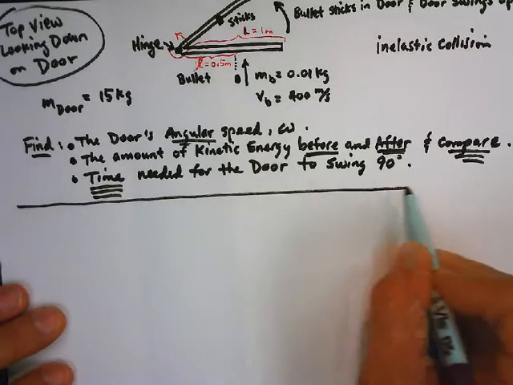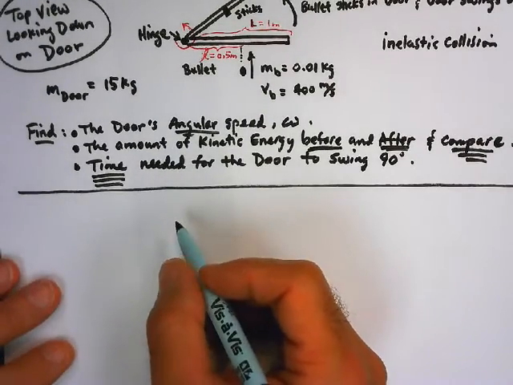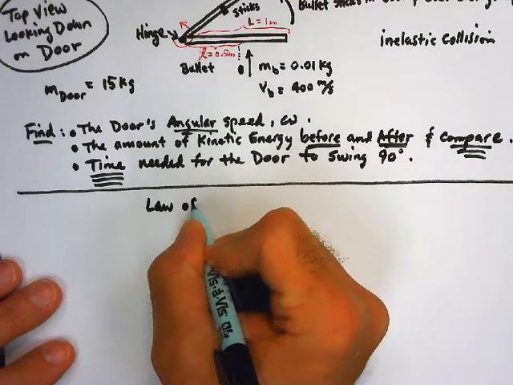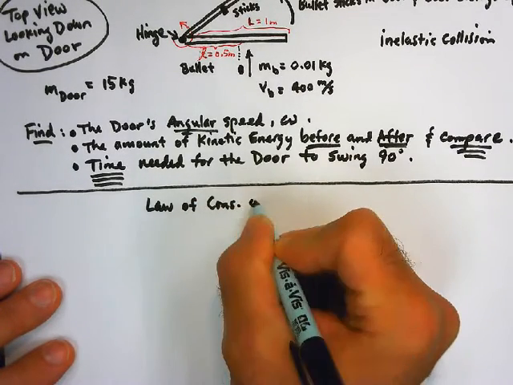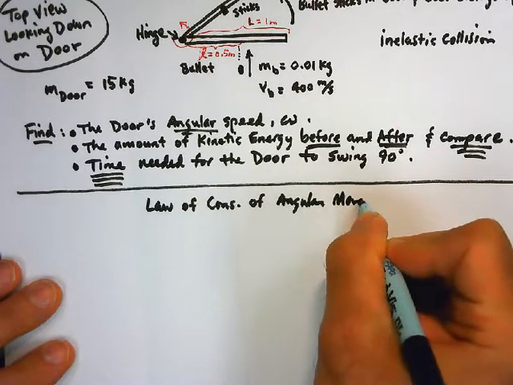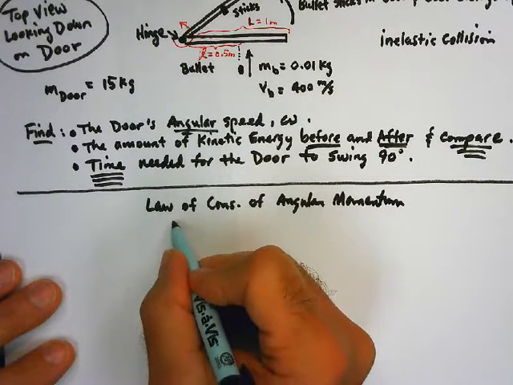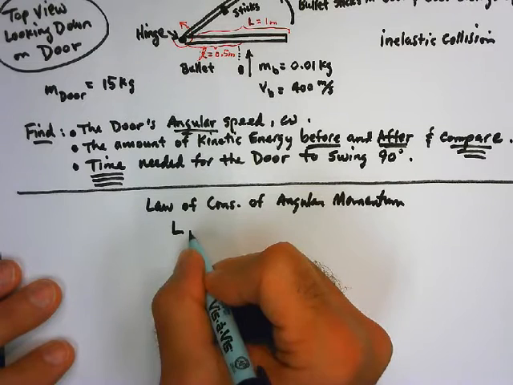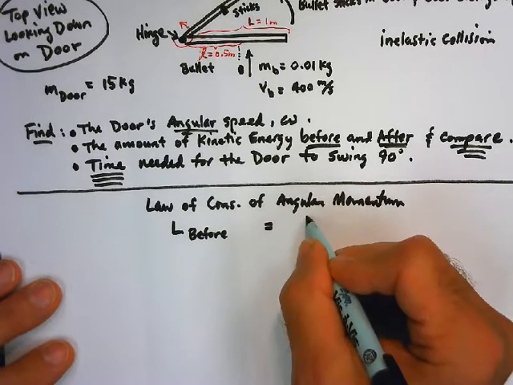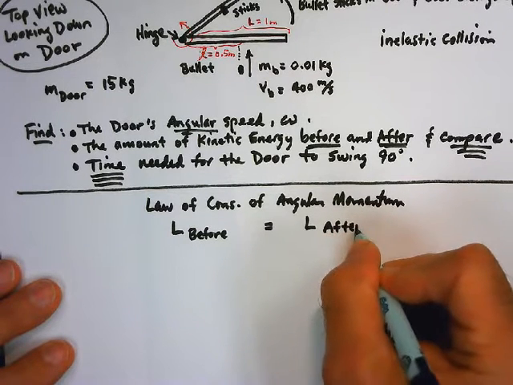I'll just separate what we want to find, and now we'll go ahead and get started. Remember the law of conservation of angular momentum means that the total angular momentum before the bullet hits is going to be equal to the total angular momentum after the bullet hits.